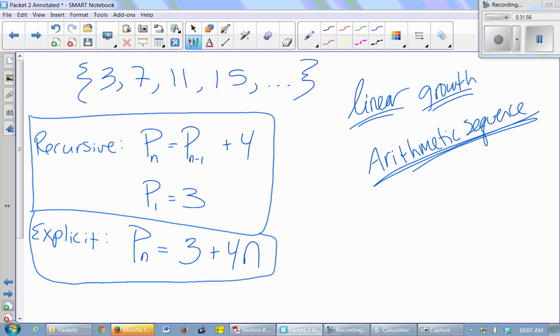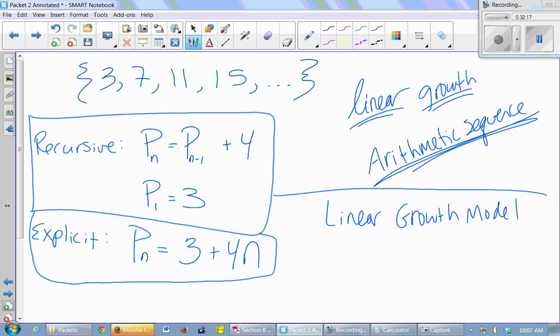So if you have trouble reasoning it out and coming up with 3 plus 4n, the other thing you can do, as a stopgap measure to do well on the test, is this. I would prefer that you have a conceptual way to build a formula. But on your little cheat sheet, there's a formula for the linear growth model.